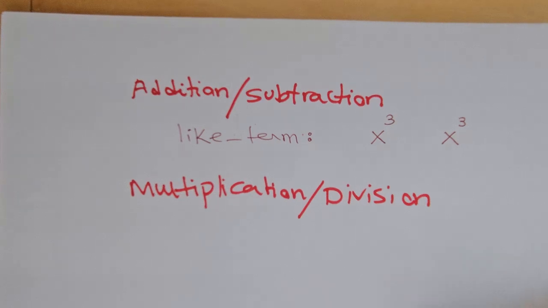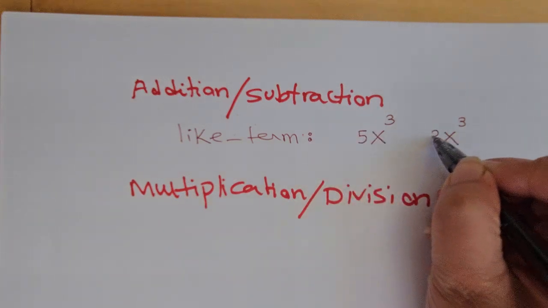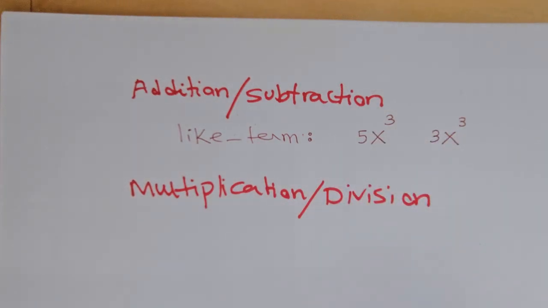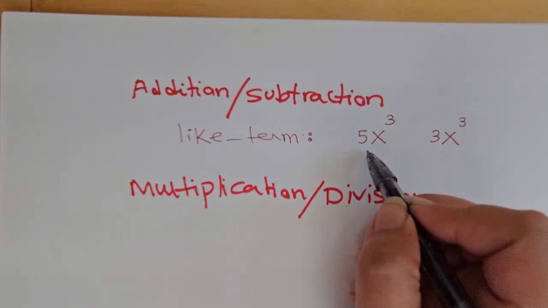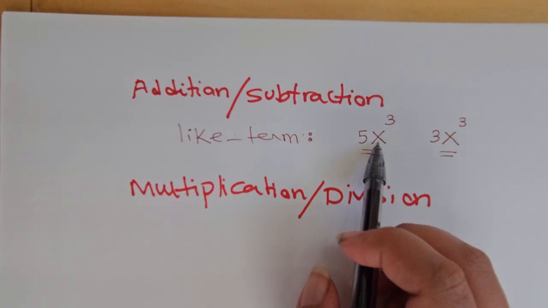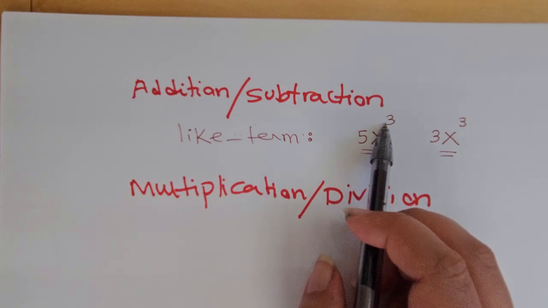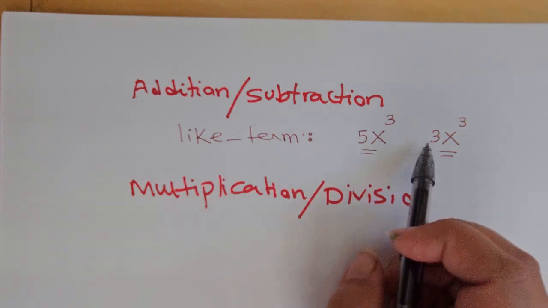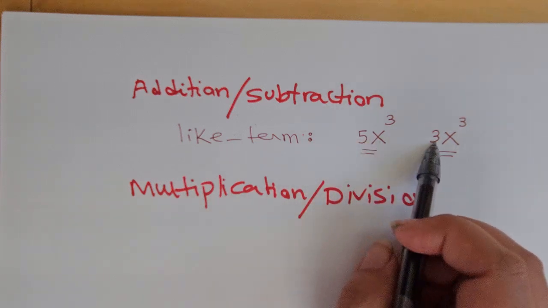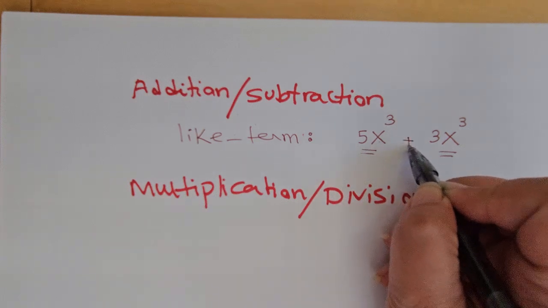But the number in front of them, or in other words, the coefficient, can be different. So here, these two are like terms because not only the variable but the power is exactly the same. The only difference is the coefficient. If that's the case, then we can add them together.